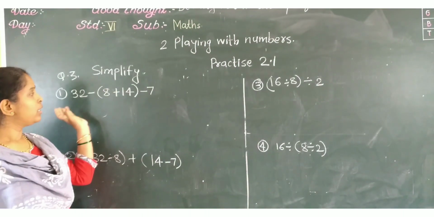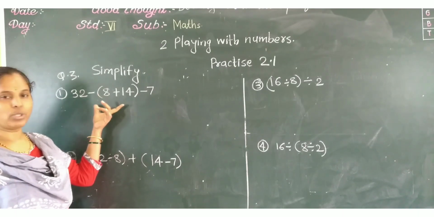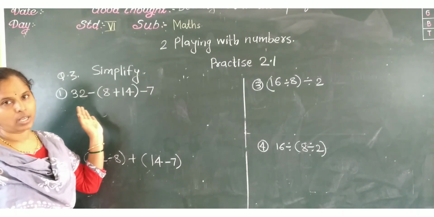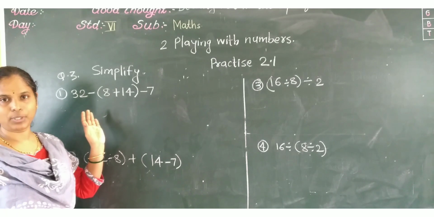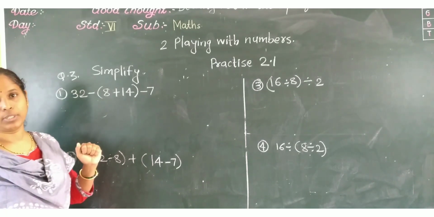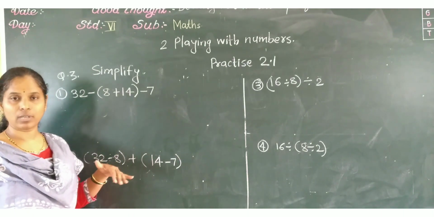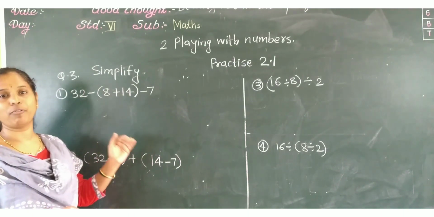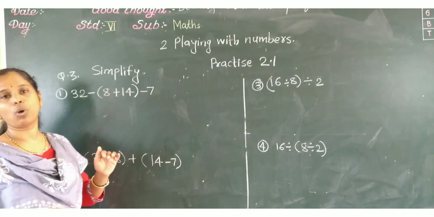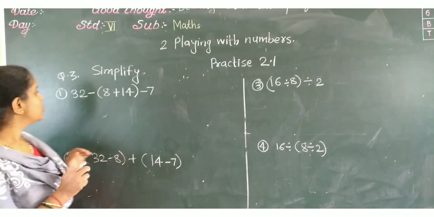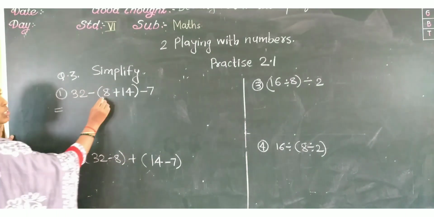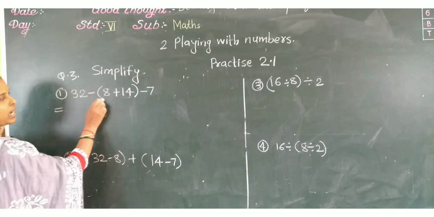Now we will solve question number 3. Simplify. Now here see, brackets are also there as well as different operations. So how to solve? When brackets and different operations are there, at that time we have to first give preference to the bracket. So in this expression, first we will solve this bracket.